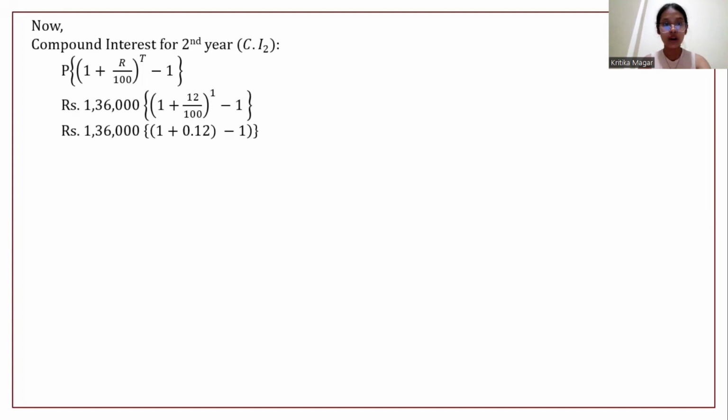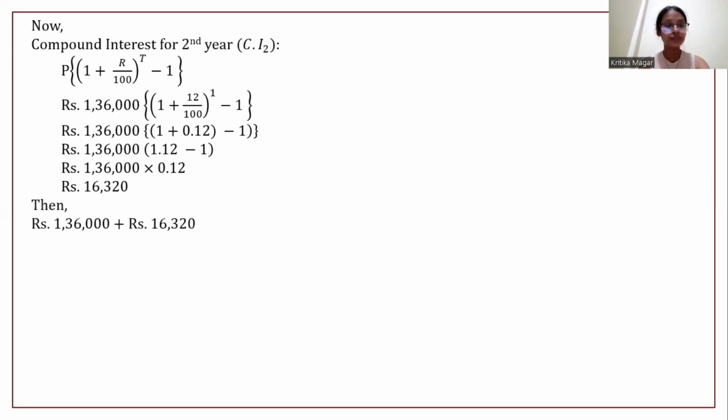So 12 divided by 100 is 0.12, and 0.12 plus 1 is 1.12, from which we subtract 1 to get 0.12, and it is multiplied by 1,36,000, and the answer is 16,320. So her compound interest in the second year will be 16,320.